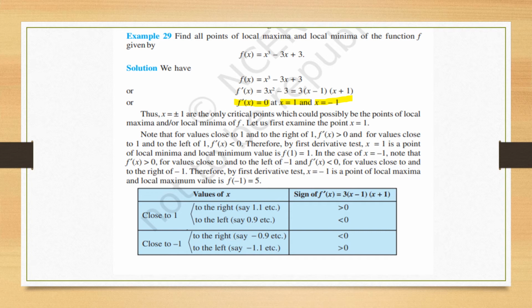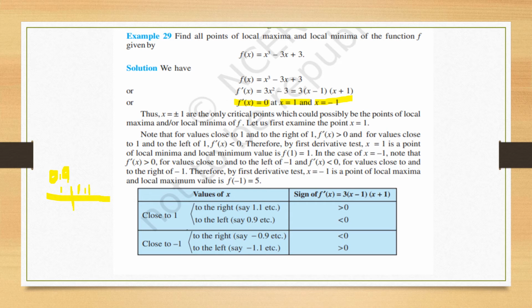Close to 1 on the number line means towards this side it will be 1.1, and towards the other side it will be 0.9. I'm checking f dash x, which is 3 times x minus 1 times x plus 1. If I put 1.1 here, this is positive, this is positive, this is positive, so it is greater than 0. For 0.9, the outside factor is positive, this is negative, this is positive, so the overall result is negative. It is changing sign from positive to negative.